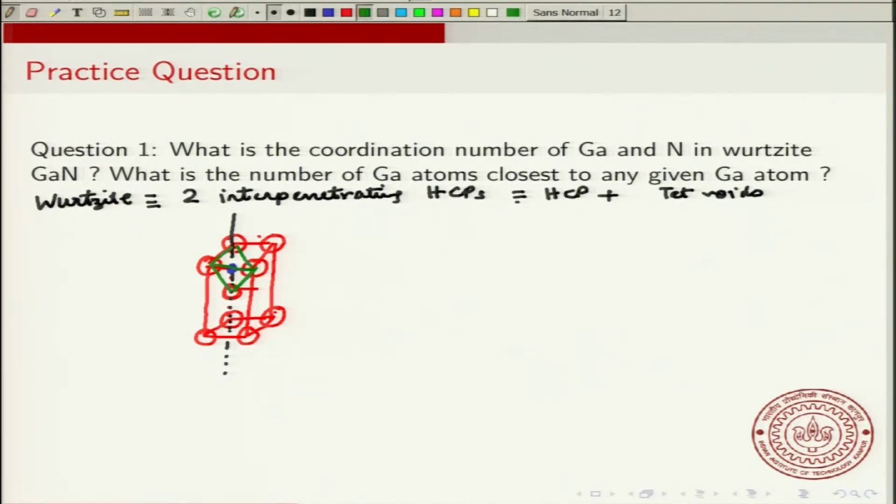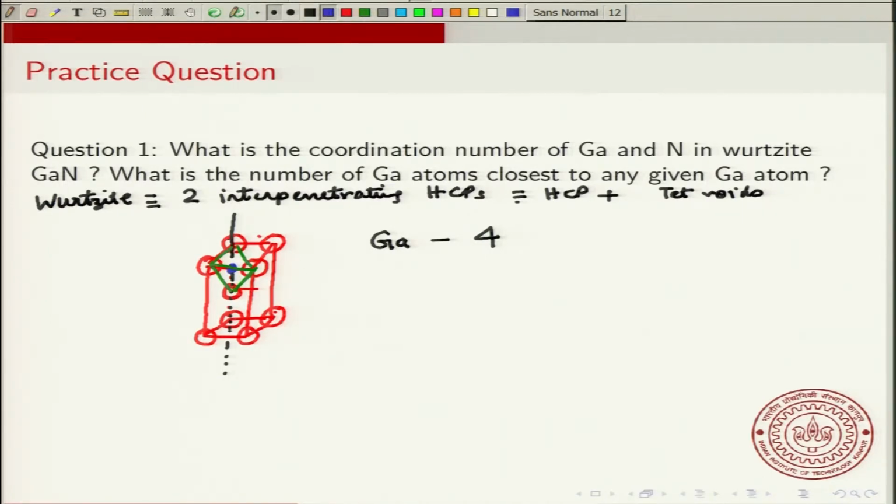Now, what is the coordination number of gallium and nitrogen? Clearly gallium is 4 coordinated, and since these are 2 interpenetrating HCPs, the gallium will also form an HCP.